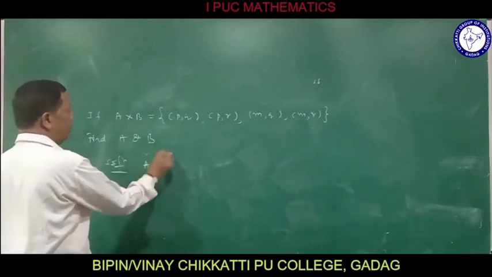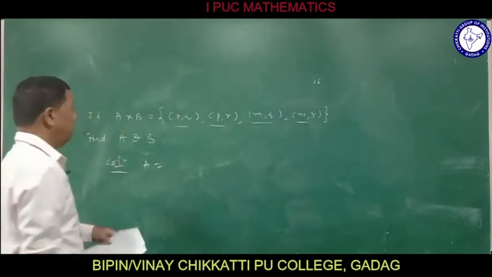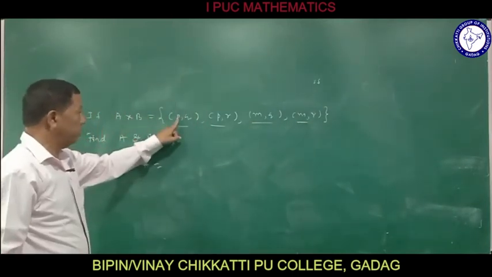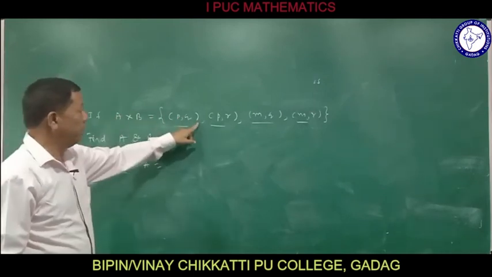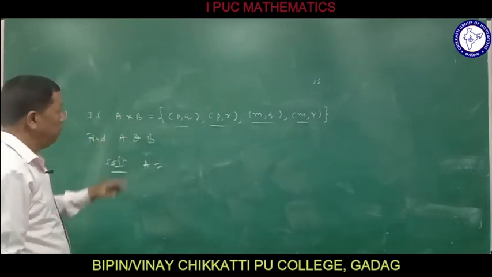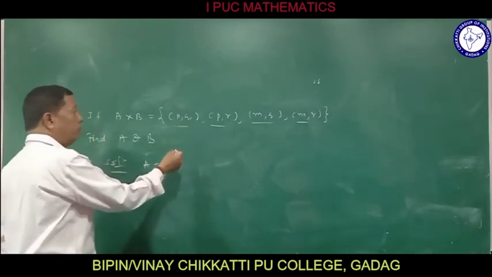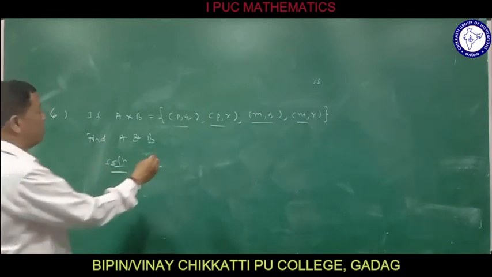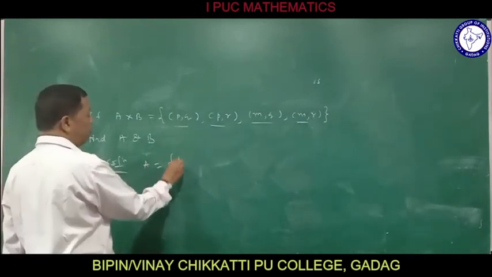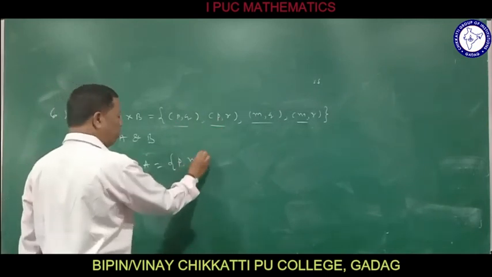A is equal to what? See the ordered pairs. The first elements are in A, the second elements are in B. That's the difference. But here you have to take only the distinct first elements, meaning P is already there, and M, only two.